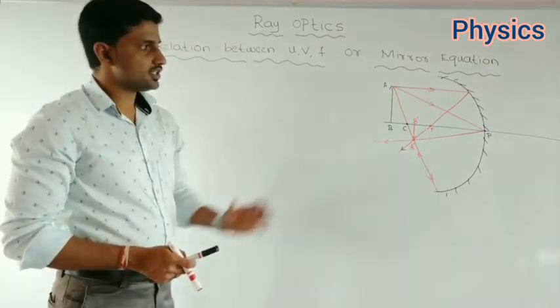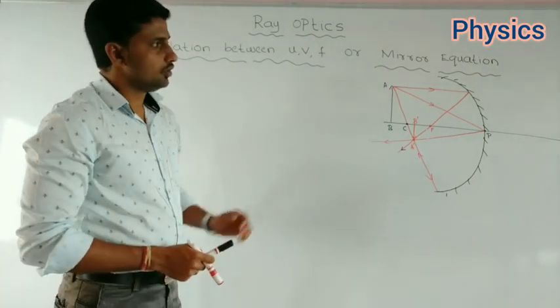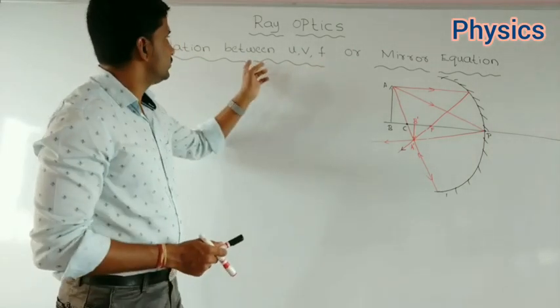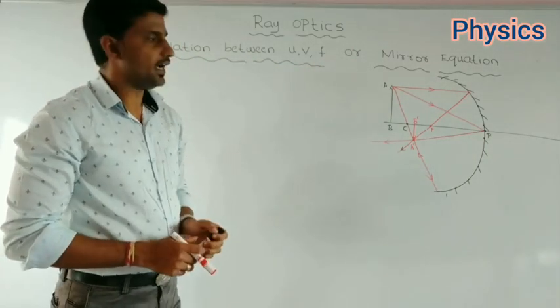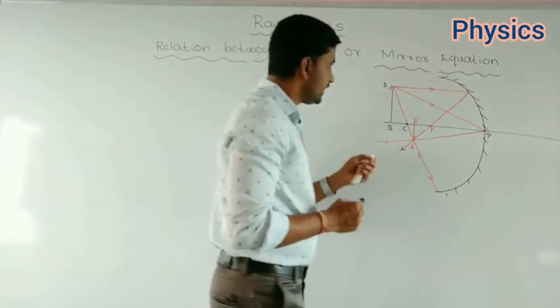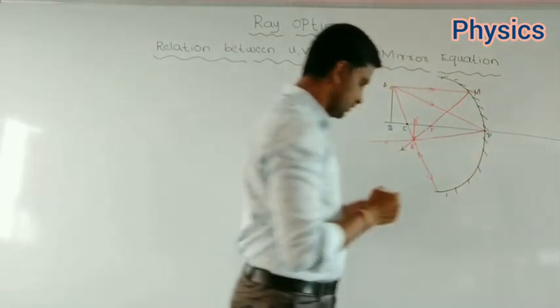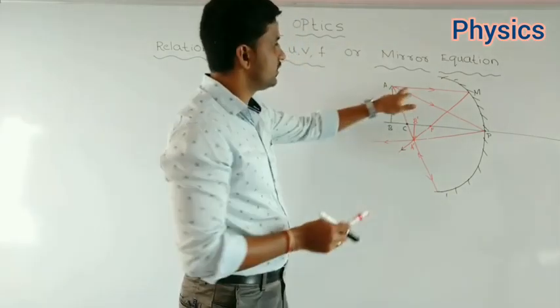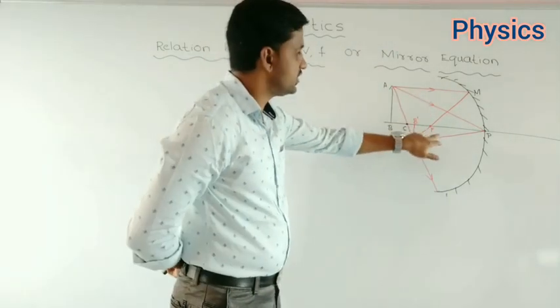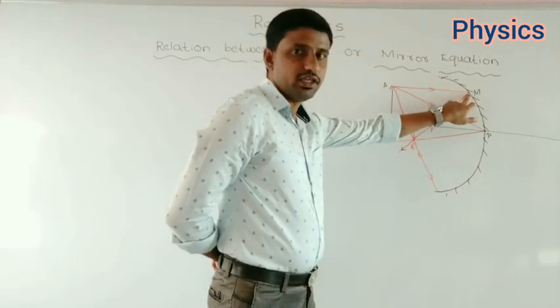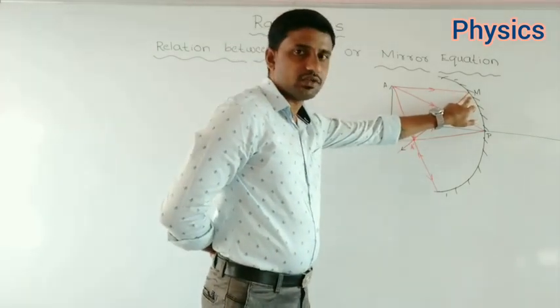So using these rays of light, I am going to derive the relation between u, v and f. Now I am taking one point as M. That point is where the first incident ray, which is incident parallel to the principal axis, hits the reflecting surface of the concave mirror.